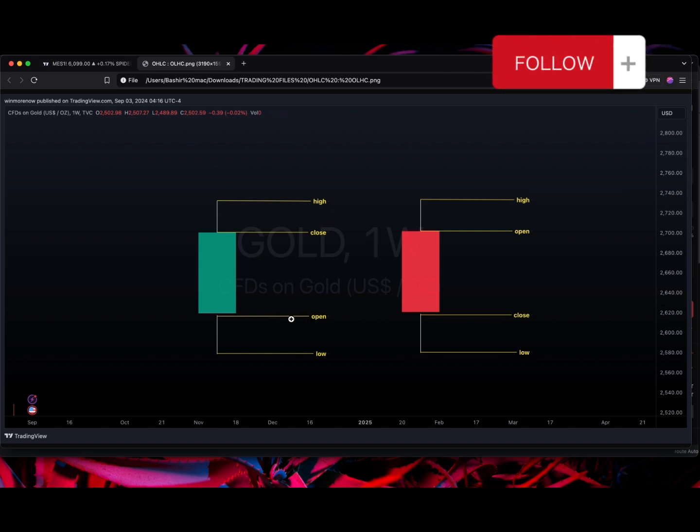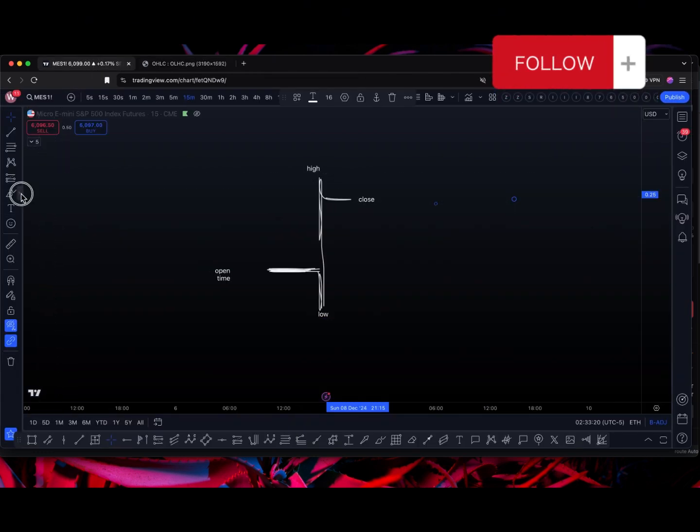Opens, came down, created a low, then went up, created the high, and created the close right there.